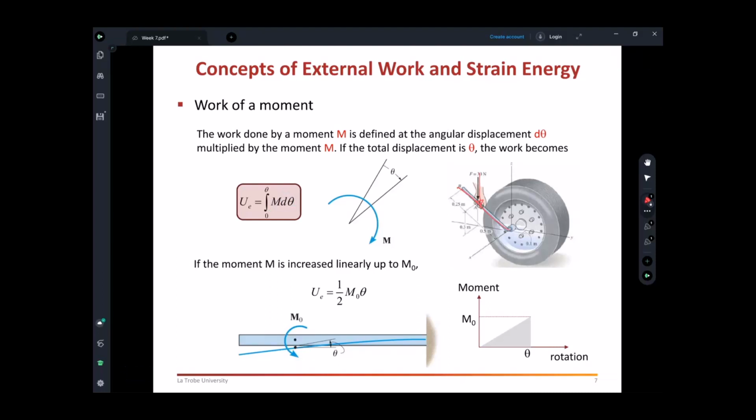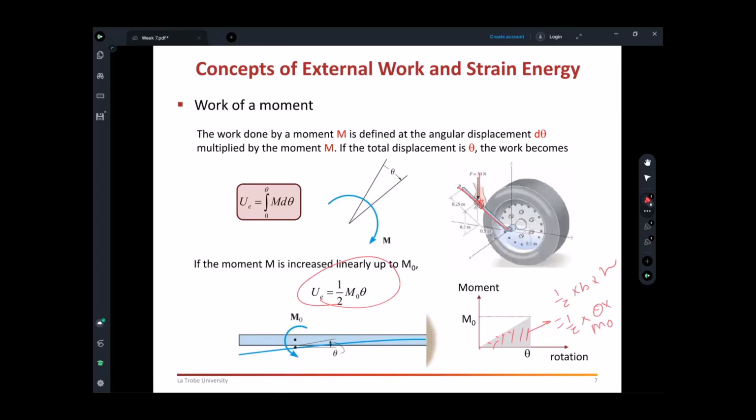If you have a beam, it has a moment, and this moment increases linearly. There is zero moment at the start, and then you increase the moment little by little, and the rotation increases along with the respective moment. In that case, the area under this triangle is 1/2 times base times height, so 1/2 times theta times m0 gives the external work done.